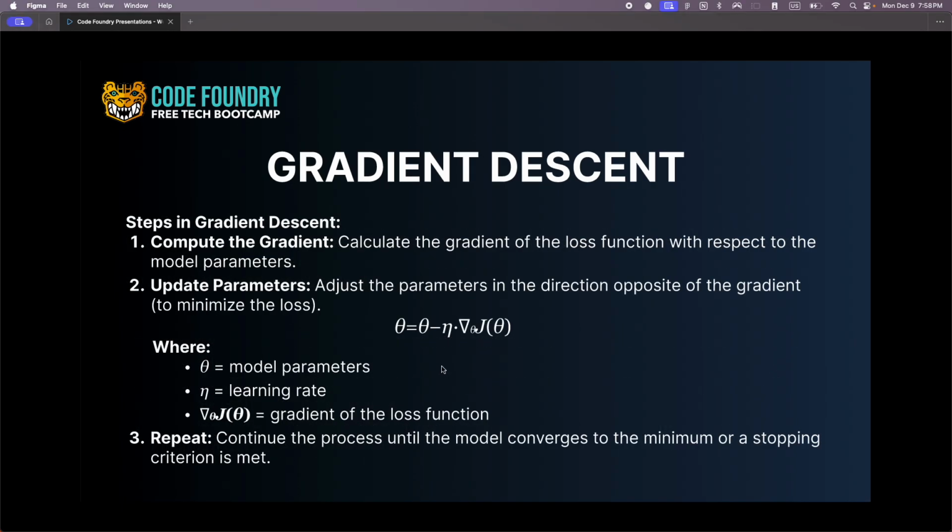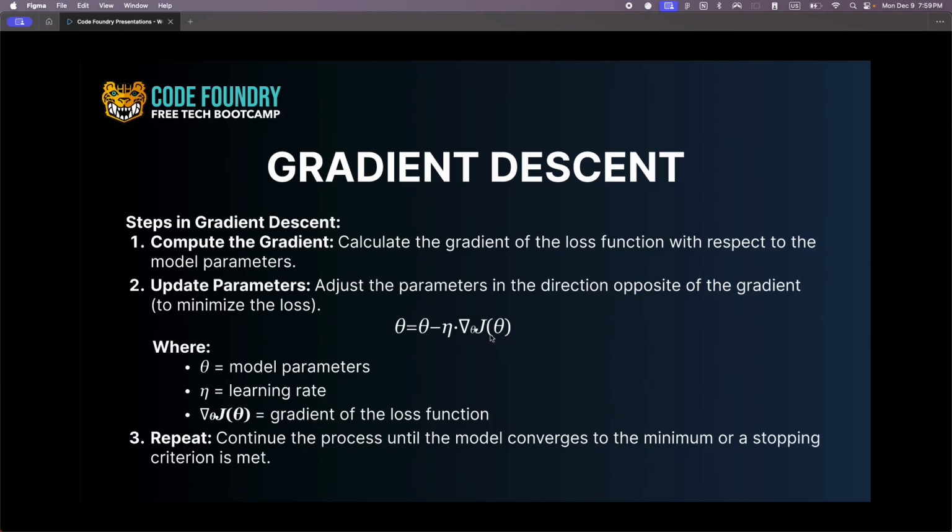So when we're looking at gradient descent, we are computing the gradient, we're updating the parameters based off of the result that we had from our gradient computation, and then we're repeating. So in this case, our model parameters are represented by theta, and then we have our learning rate here, and then we have our computation of the gradient of the loss function.